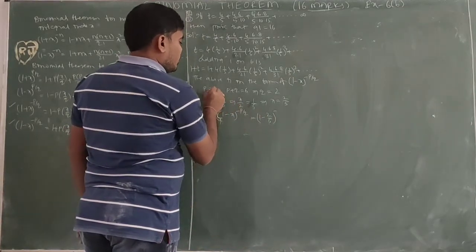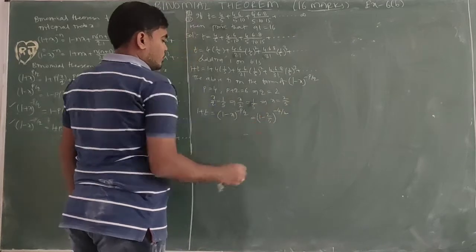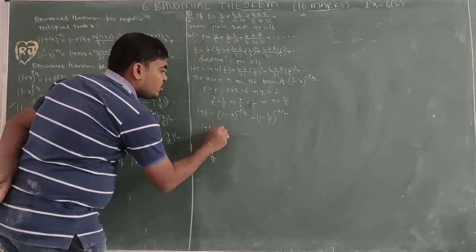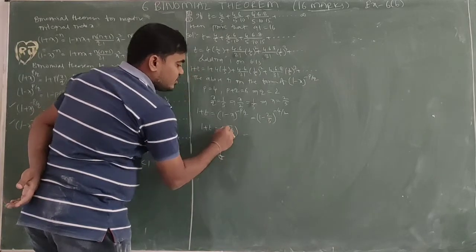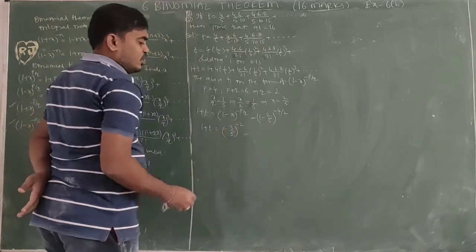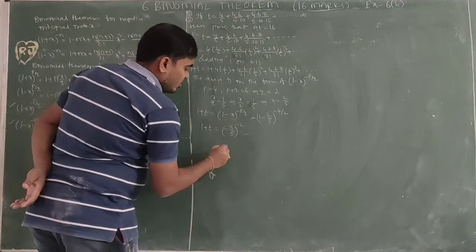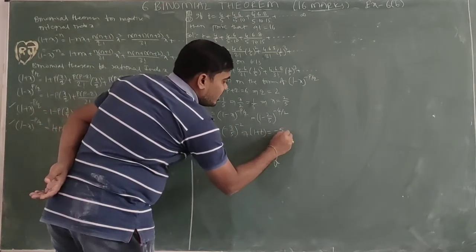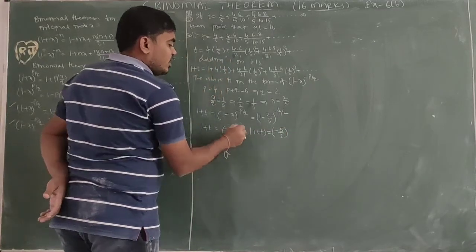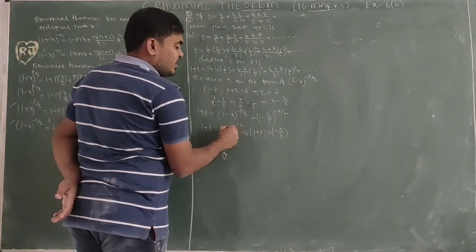p by q equal to what? p is 4, q is 2. So 1 plus t equal to (1 minus 2 by 5) whole power minus 4 by 2, that is (3 by 5) whole power minus 2. So it will be reversed. 1 plus t equal to (5 by 3) whole power 2, negative will become positive by reciprocal.